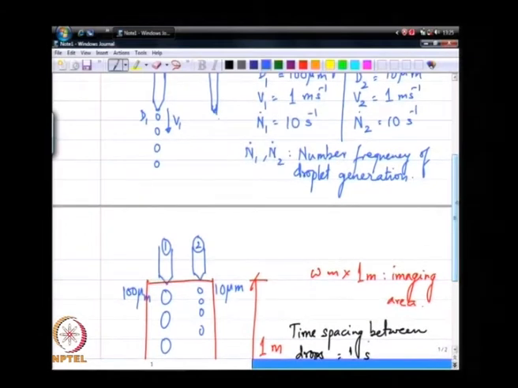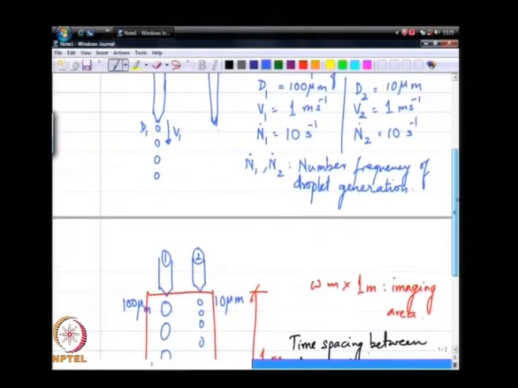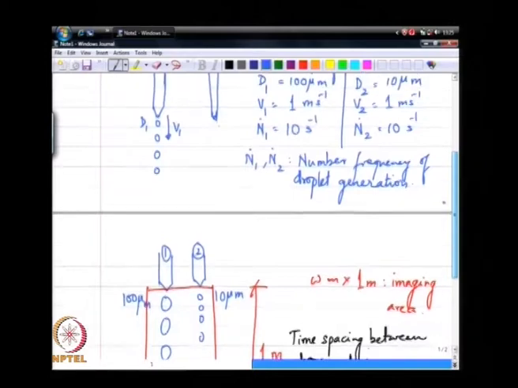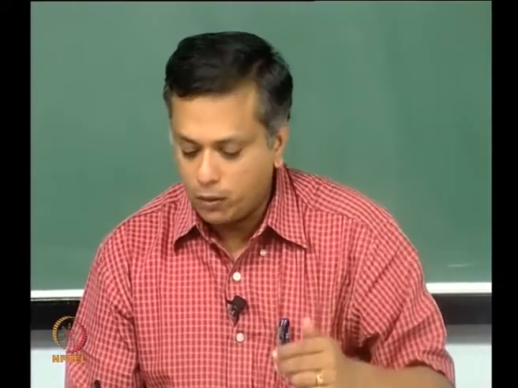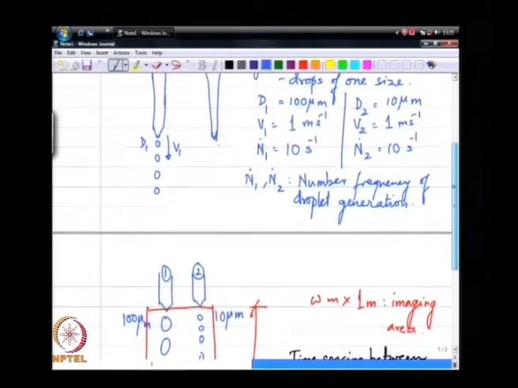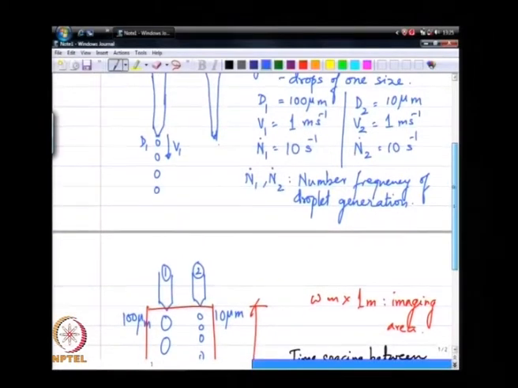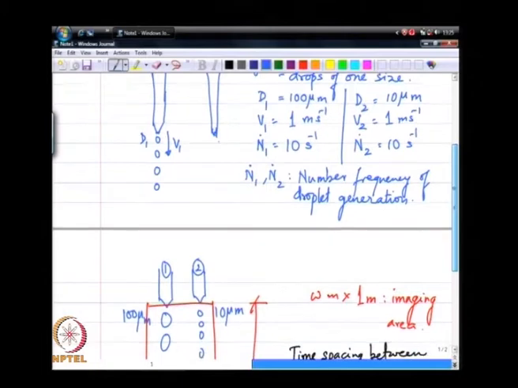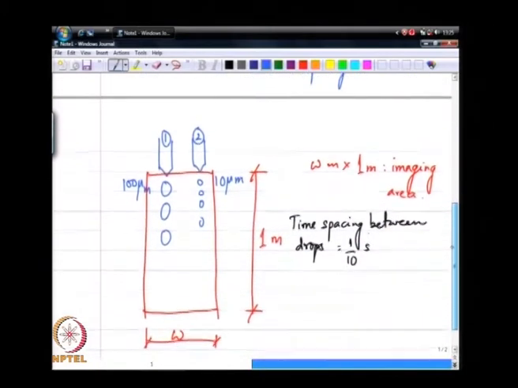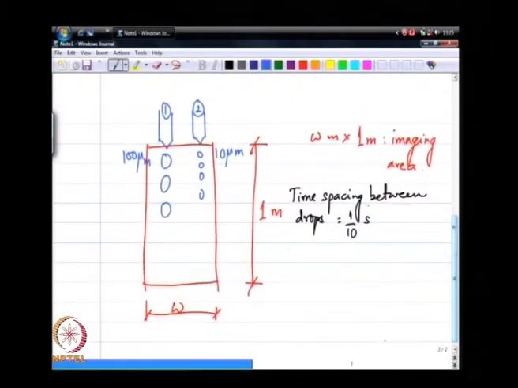Okay. So, if I take n1 and n2, both are 10 per second, which means I am producing one drop every 1/10 of a second, which is the same as saying the time spacing between the drops is 1/10 of a second. Since the velocity of the drop is 1 meter per second, if the interrogation area has a height of 1 meter, the drop is going to be resident in there for 1 second.